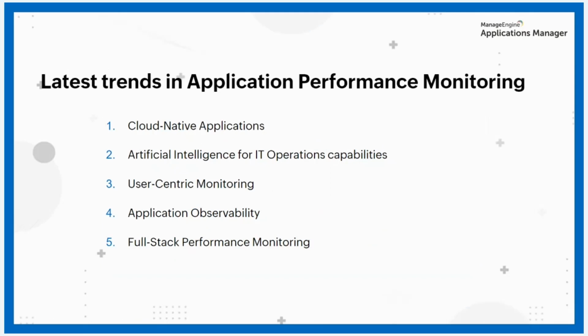These are some of the latest trends in application performance monitoring. The first one is cloud native APM. As we know, more applications are recently moving to the cloud. Application performance monitoring solutions are adapting to monitor cloud native architecture, microservices, and containers for scalability and flexibility.